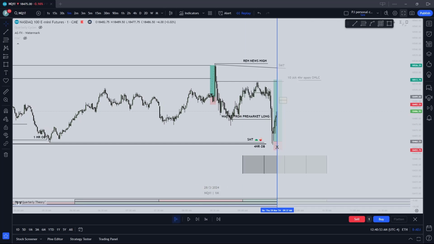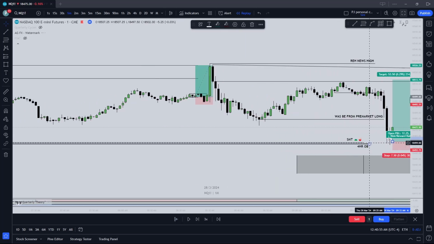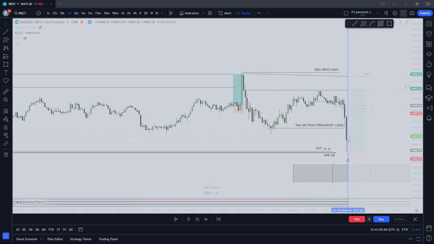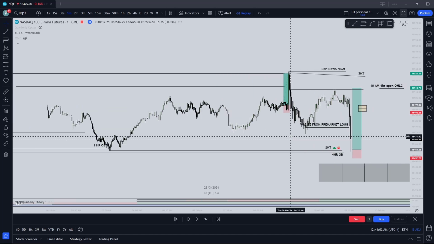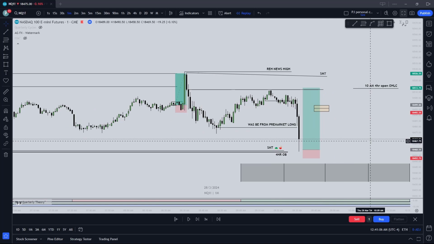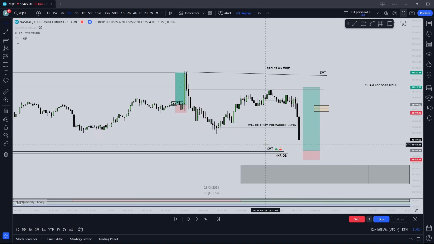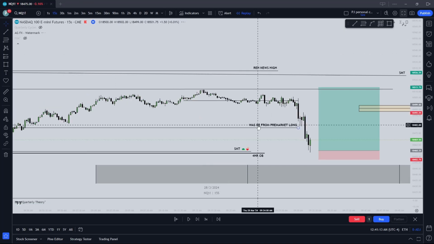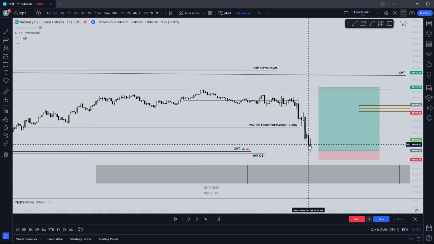Oops, went a little too far ahead. So I get in pretty soon, right? Because we wicked, came back up on the 1 minute, and I definitely didn't get in all the way up here. Can't see, it was on this 15-minute candle.